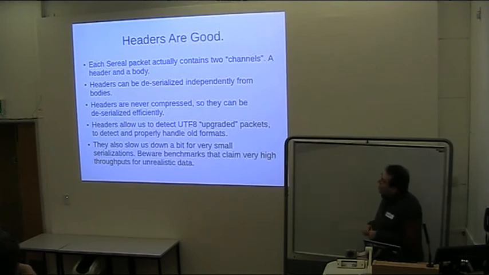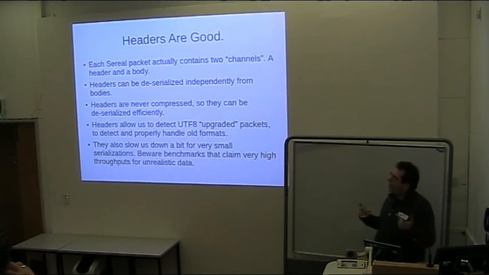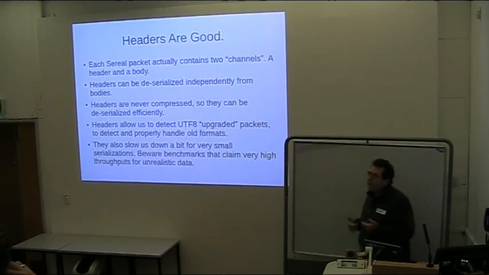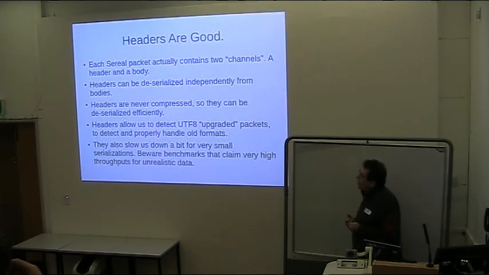I like to think of it as kind of like, imagine that a Sereal packet is like an envelope with a letter inside of it. And the header packet is basically the address information written on the outside that anybody can read. And the payload is the body, which is inside of the packet and potentially compressed. Now, we don't have support for encryption. I could imagine that coming in a future version. We'll see.